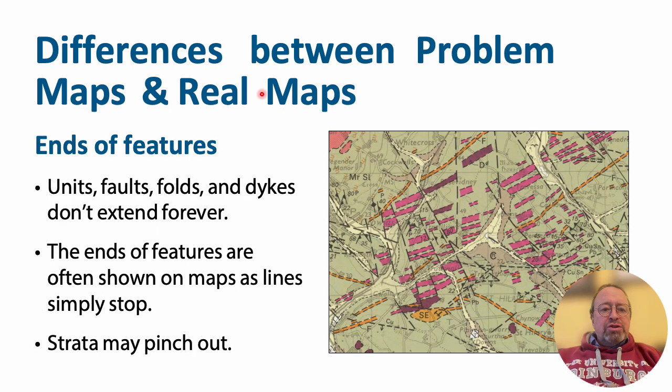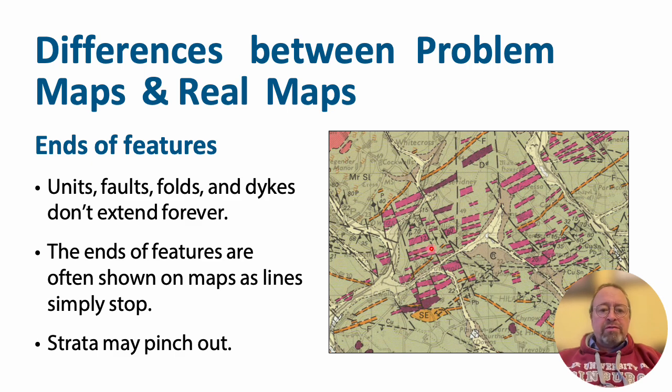So the other feature is that things that are marked on the map don't go on forever. Everything you've dealt with up to this point involves units that essentially extrapolate uniformly to the edge of the map, but that's not always true in real maps. For example, faults or dikes or folds, they don't extend forever in the real world, and they don't extend forever on maps.